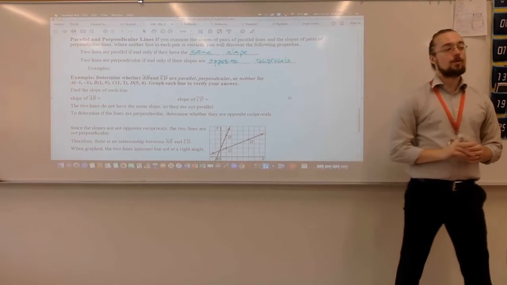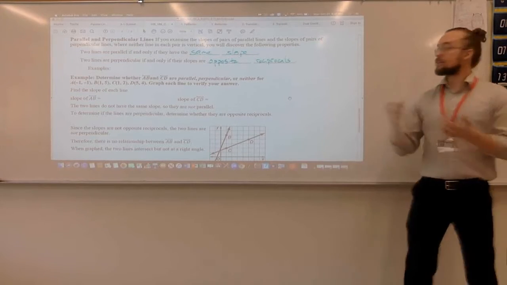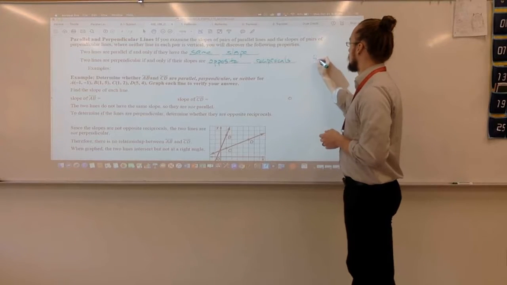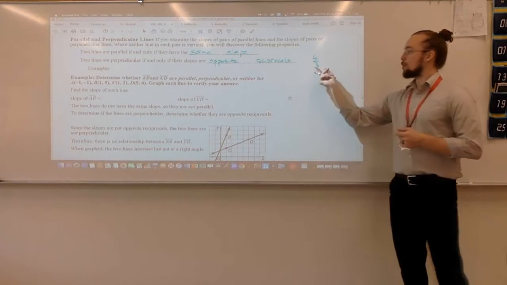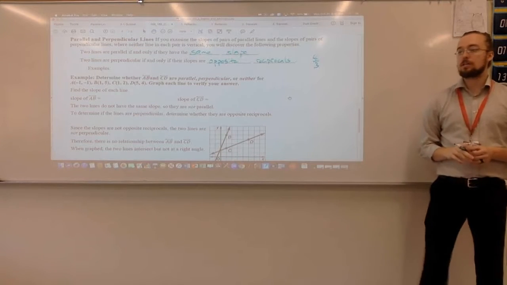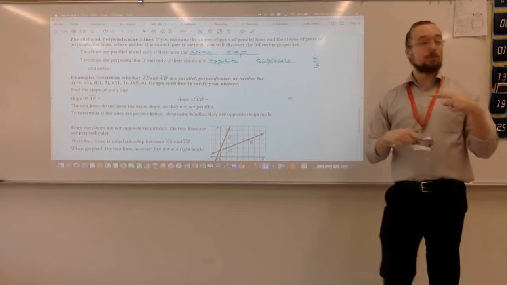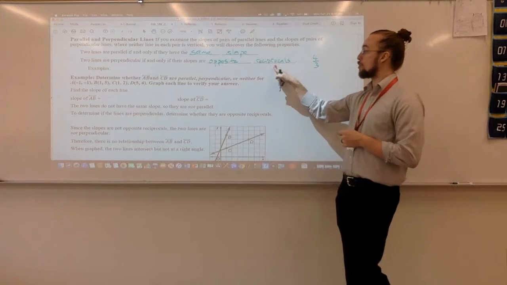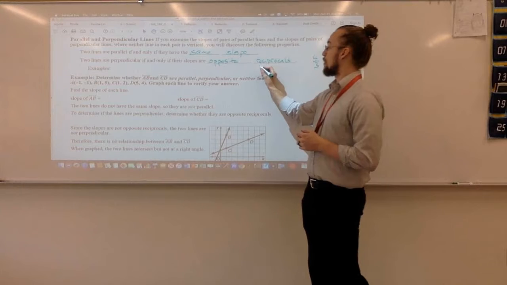Flipped around how? Like, so if I give you 4/3, what would the opposite reciprocal of 4/3 be, JT? So the reciprocal would be 3/4. Okay, reciprocal just means flip the fraction.